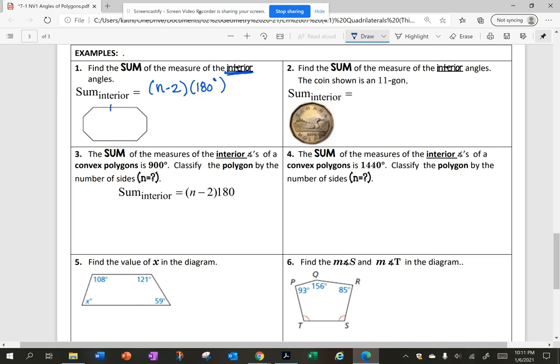So if I count my sides, 1, 2, 3, 4, 5, 6, 7, 8, I know that n equals 8. So my sum is 8 minus 2 times 180 degrees, which is 6. So 6 times 180 degrees is 1080 degrees. So my sum, adding up all the angles, in my octagon is 1080 degrees.